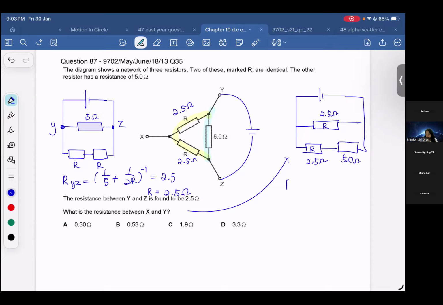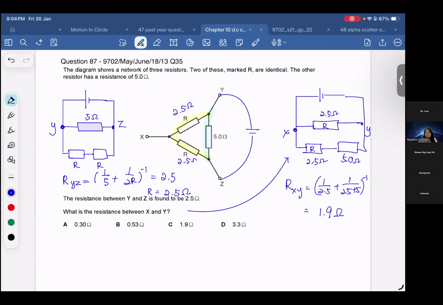So what is the total resistance across X and Y? XY equals 1 over 2.5 plus 1 over 7.5, which is 1 over 2.5 plus 1 over (2.5 plus 5). Inverse it. So here, the answer will be 1.9 ohm.